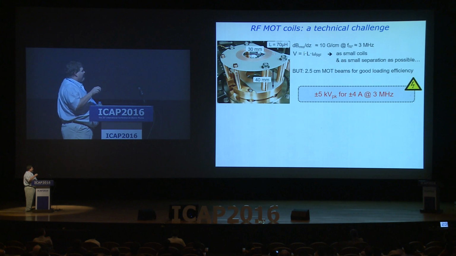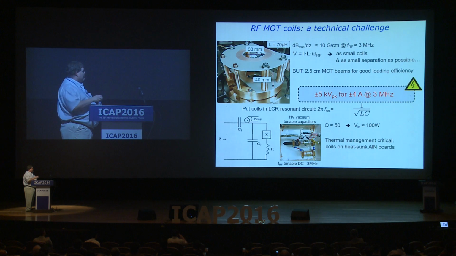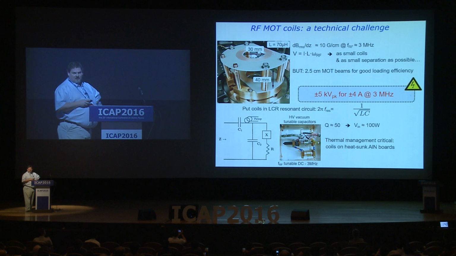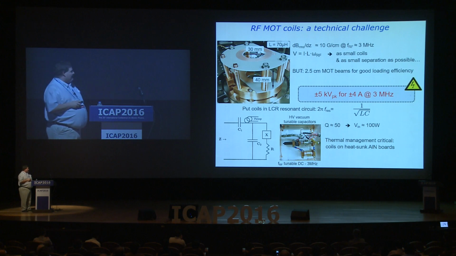And the combination of high frequency, high current, and high inductance means that we needed lots of voltage to drive these things. So to do this, we use a resonant tank circuit. To withstand the high voltage, we found some vacuum variable capacitors that were Soviet-era radio transmitter surplus devices available on eBay, which work very well.